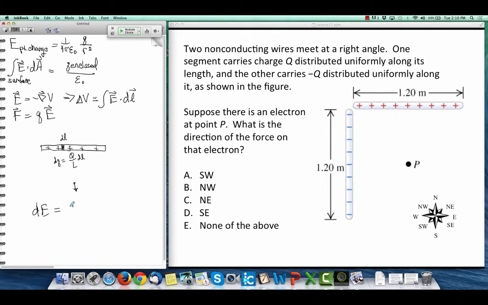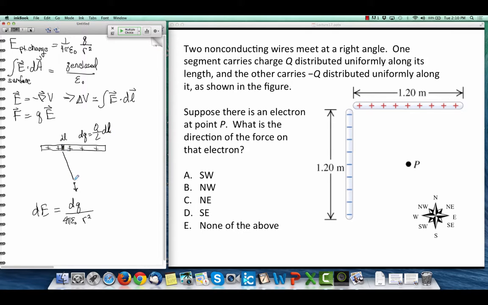But we also have to remember that the electric field points away from the charge. There's the r vector. The electric field is a vector, so we need components.